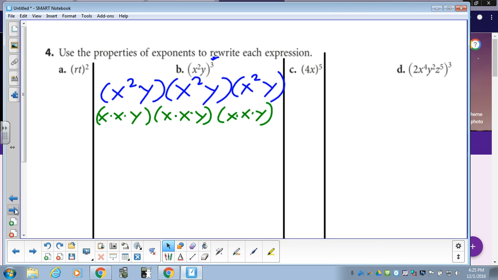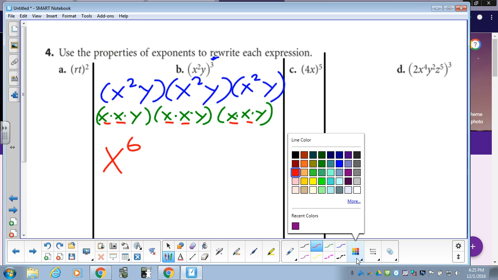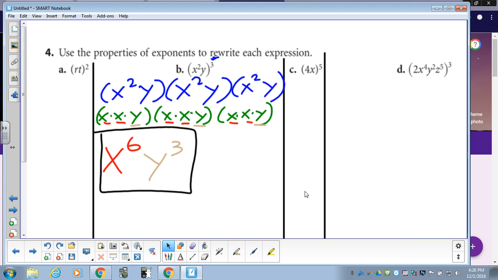Let's see how many times x is a factor. 1, 2, 3, 4, 5, 6. X to the 6th power. Now, let's see how many times y is a factor. 1, 2, 3. So I'm going to put a box on it. X to the 6th, y to the 3rd. Let that sink in a little bit for you.